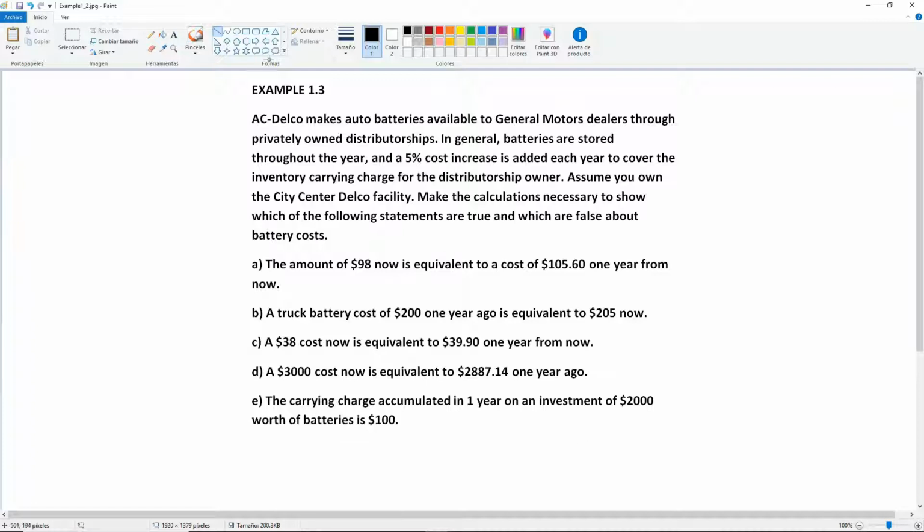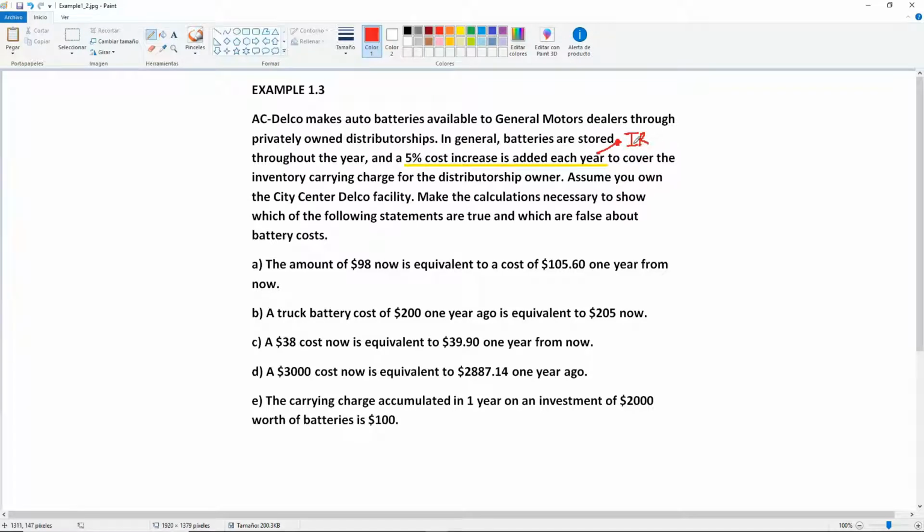The first part of the problem, the first paragraph, is actually more of the story, but you're gonna see that here you have a percentage. It says that a 5% cost increase is added each year. So this one right here, well, let me leave it as yellow, it's actually going to be your interest rate.